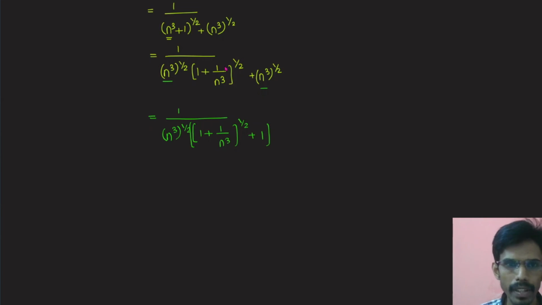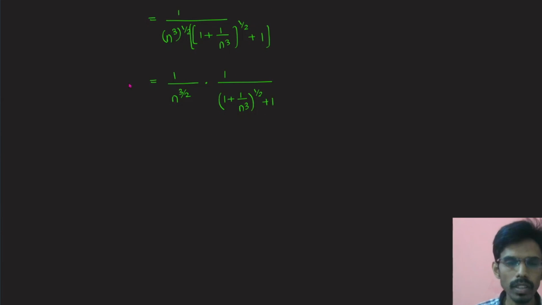Now this can be rearranged as 1 by n power of 3 by 2 into 1 by 1 plus 1 by n cube whole power of 1 by 2 plus 1. Now here we have un.